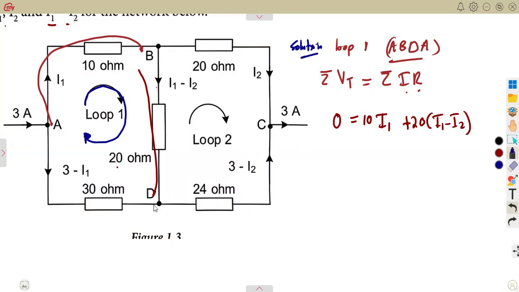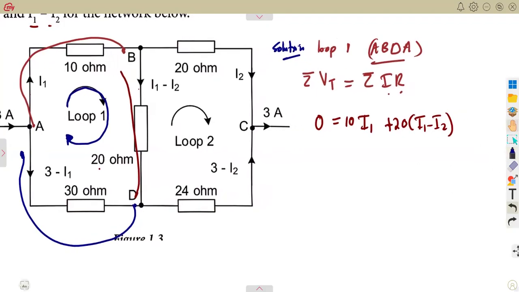Now we are at point D, and then from D to A we are going back. What is happening from D to A? There is a current, but look at the movement now. We are moving this way, D to A, but the current is opposing.